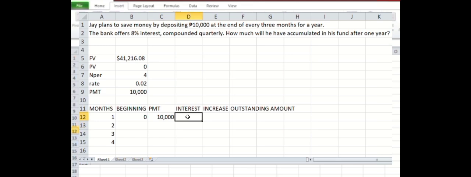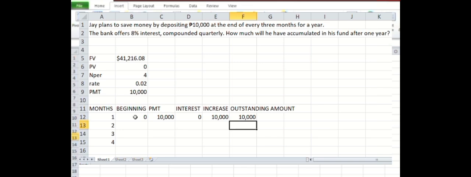For the formula for our interest in Excel, we have B12, the beginning, multiplied by our rate. And it gives us the result of 0. For our increase in funds, it is 10,000. And for the outstanding amount, it's also the PMT.